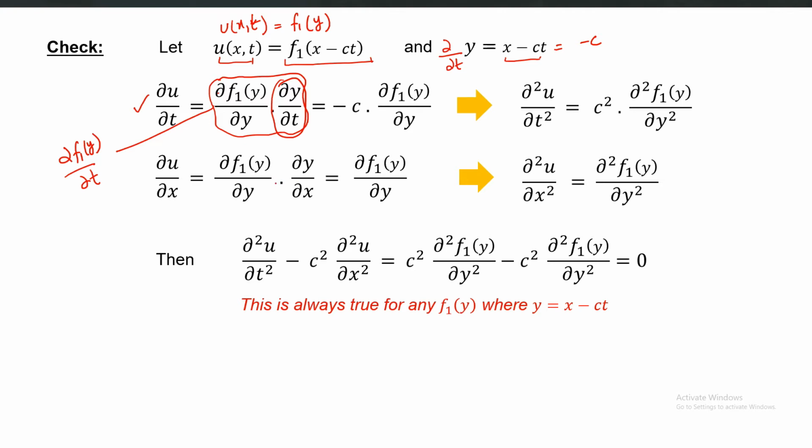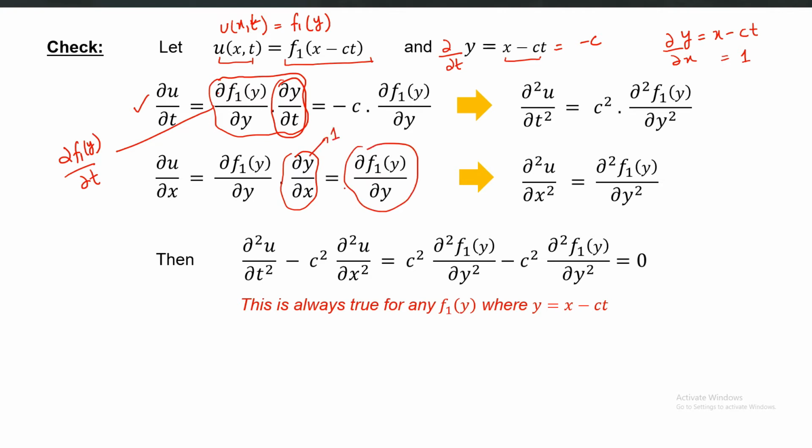So instead of directly writing partial x here, I am writing partial y times partial y over partial x, and again I know partial y over partial x will become just 1, because if I take y equal to x minus ct and take partial over partial x, it will simply result equal to 1. So I get this partial u over partial x as this term, because this term becomes 1.